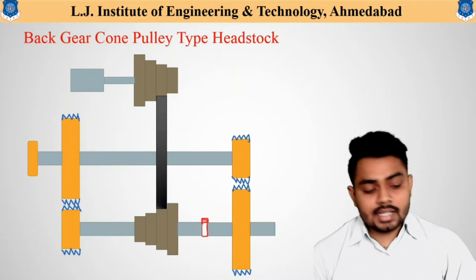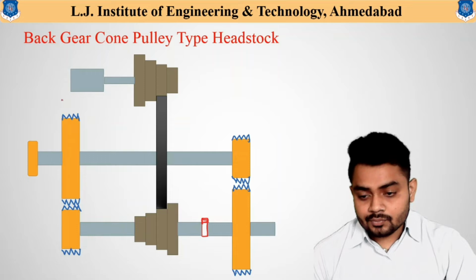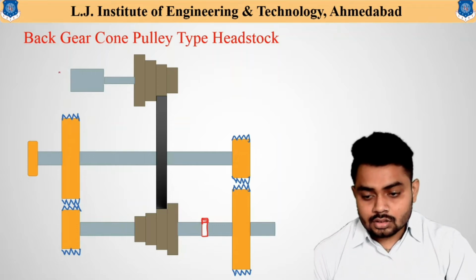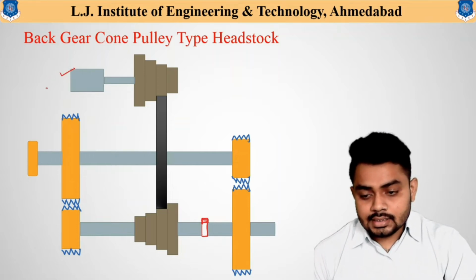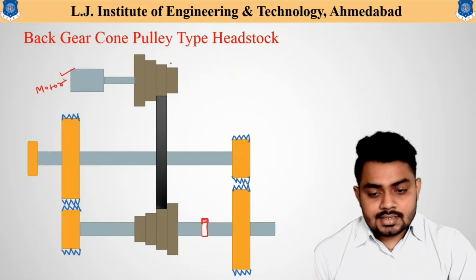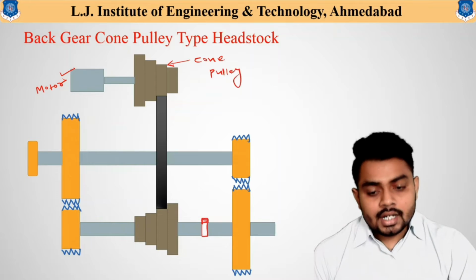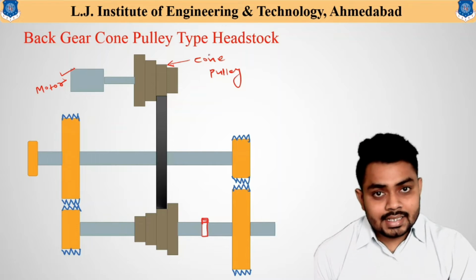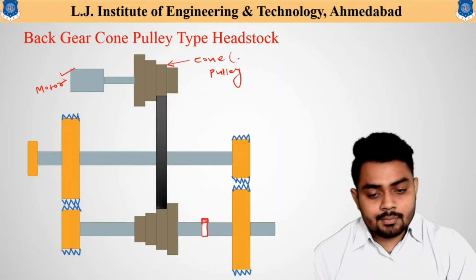The first one, as you can see, this is the motor. Second one over here is called the cone pulley, and in this particular cone pulley there are different steps available, that's why it is called the stepped cone pulley.